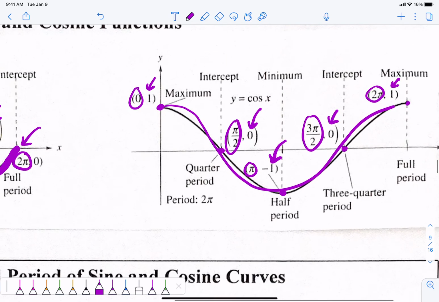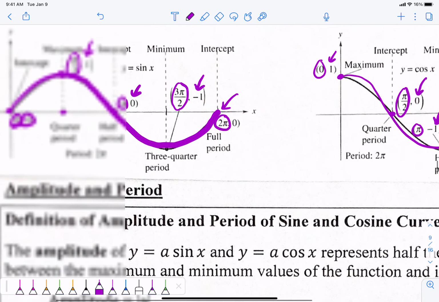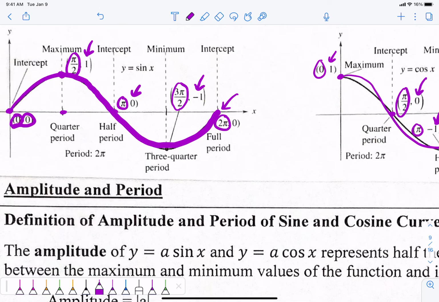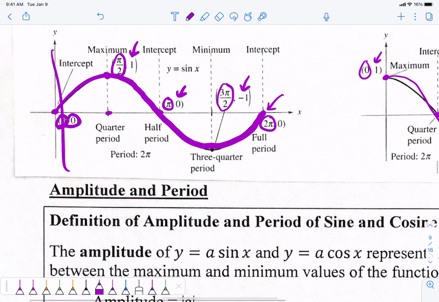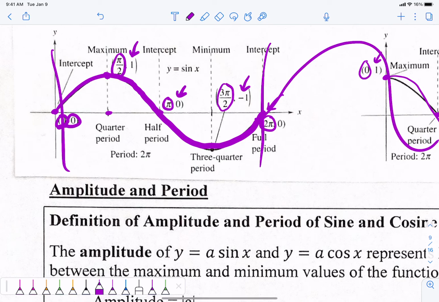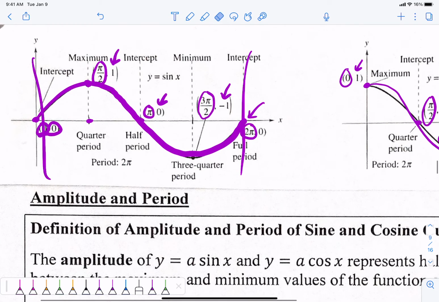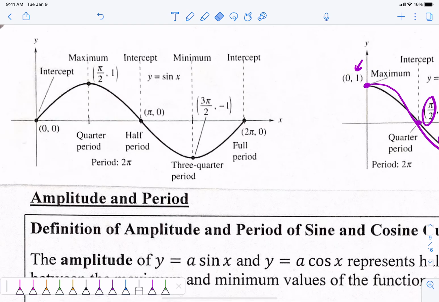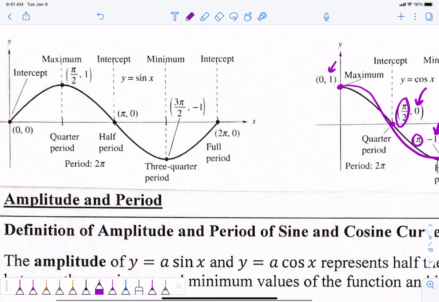The important thing about sine and cosine is that the cycles go forever to the left and to the right. This is just one chunk of it. I'm going to erase all my markings. If you look at the sine graph, let's say it continues going like this.